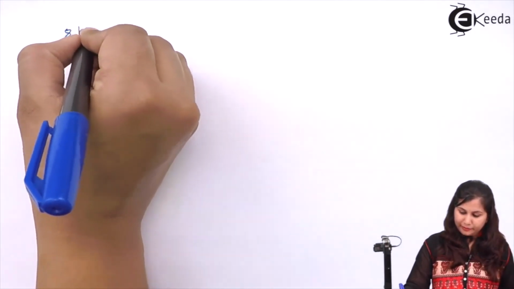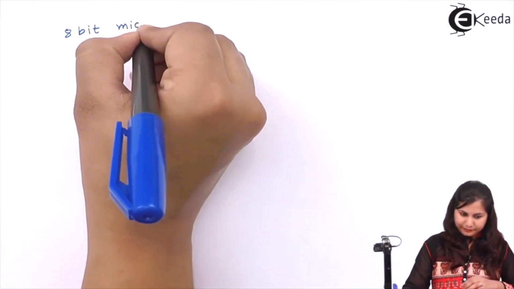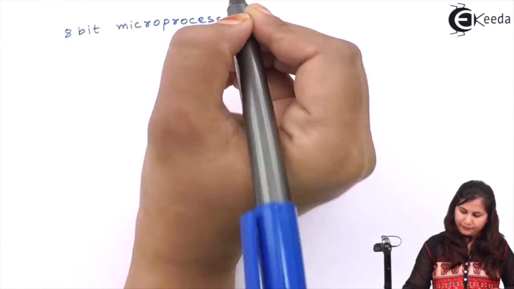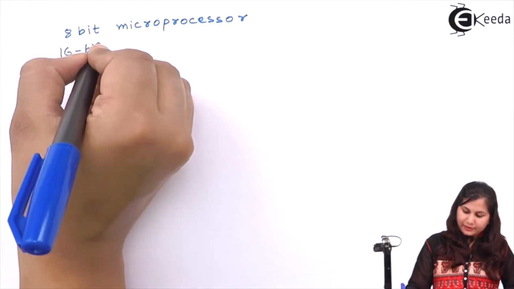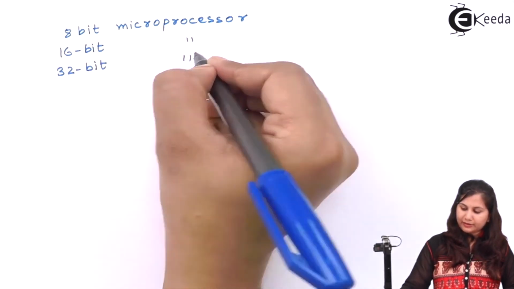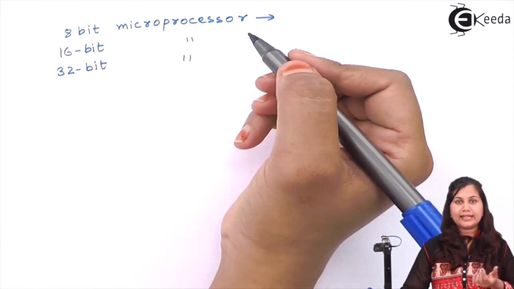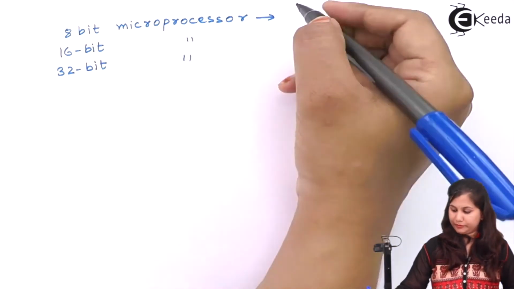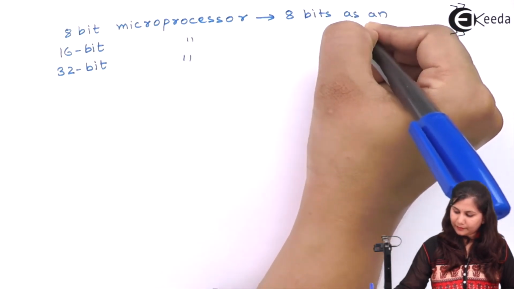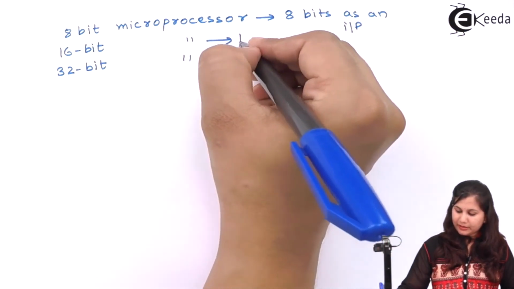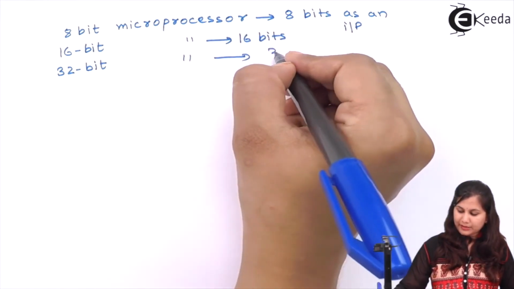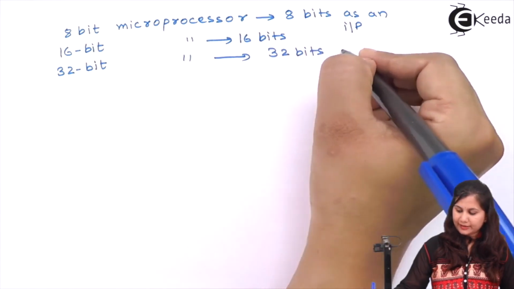So there are 8-bit microprocessors, 16-bit microprocessors also, 32-bit also. 8-bit means that it is getting 8 bits as an input, 16-bit means it is getting 16 bits as an input, and 32-bit microprocessor means it is getting 32 bits as an input.